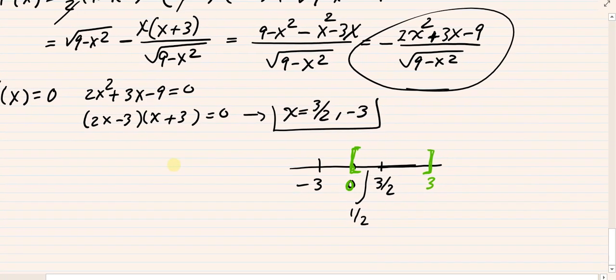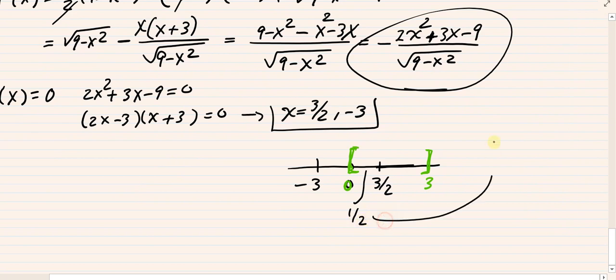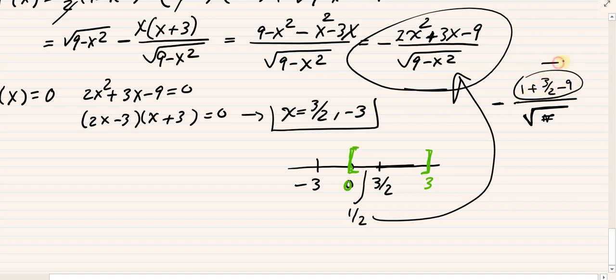Let me actually do this. I'm going to plug it into this one. Plug in 1/2 in there, so we have negative of the denominator, which is going to be positive always. We're going to get a number here, but because this is a square root, it's going to be positive. The principal root is always positive. And in the numerator, when you plug in 1/2, you're going to get 1 plus 3/2 minus 9. So that's going to be negative. Negative of a negative is positive.